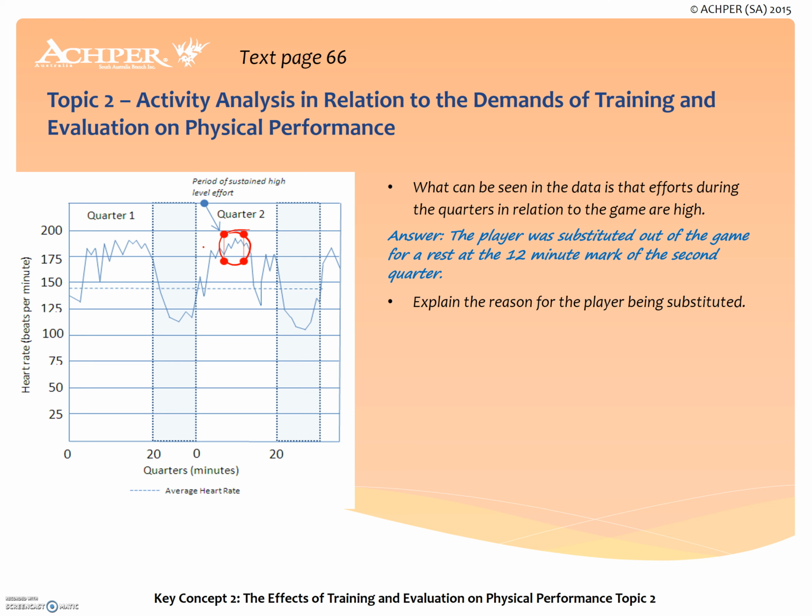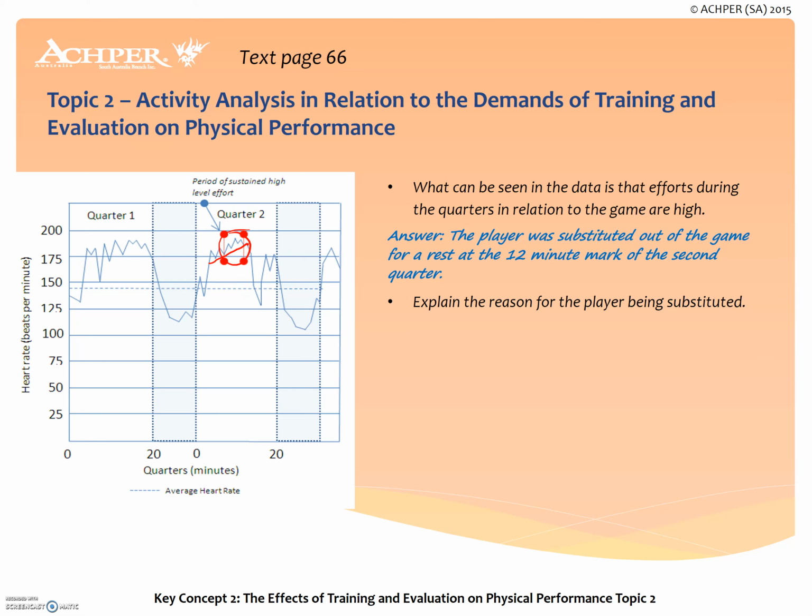Now let's think about a reason why that player is substituted. What has happened during this spike of heart rate? We could assume that maybe they've performed multiple anaerobic efforts in a row. If we're looking at anaerobic efforts that exceed 10 seconds, we're looking at significant lactic acid buildup.